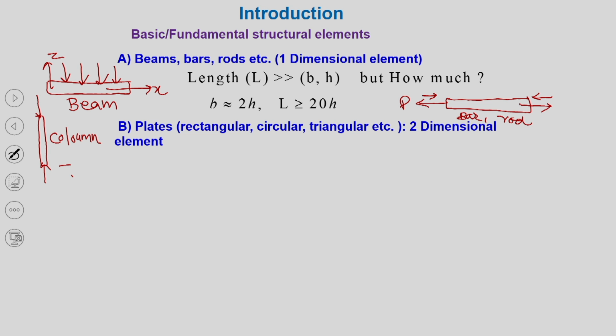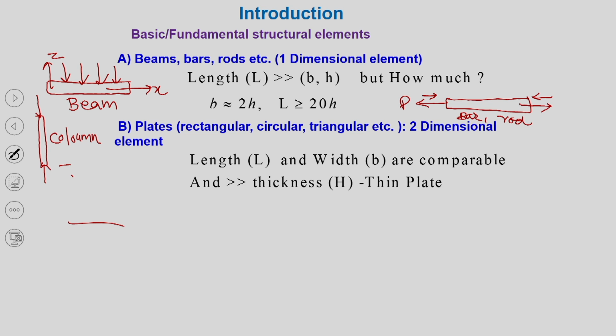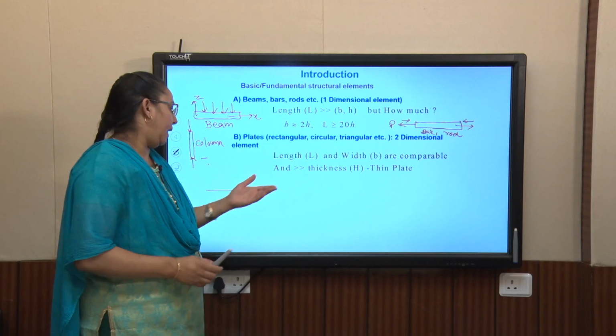Similarly, because our subject is the theory of plates, the definition of a plate is that it is a 2-dimensional element. So, its length and width are comparable and thickness is small. Generally we take thickness to be small, though it may be higher.